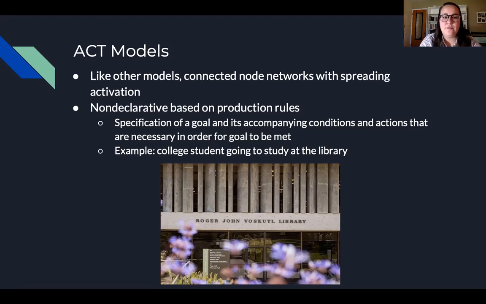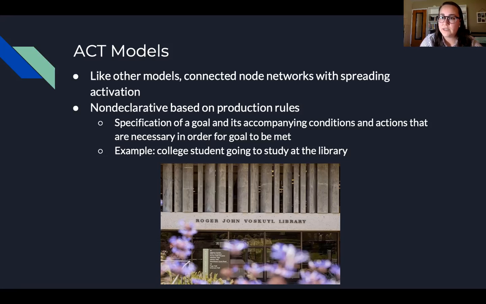An example of this could be seen in the following scenario. A typical college student could use the following production rule. If the goal is to study actively and attentively, and a condition is met, let's say the noise level in the dorm is way too loud, and another condition is met, the campus library is open, then there are certain actions you take to meet that goal.